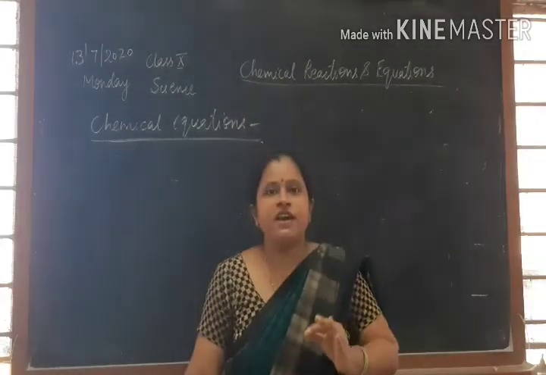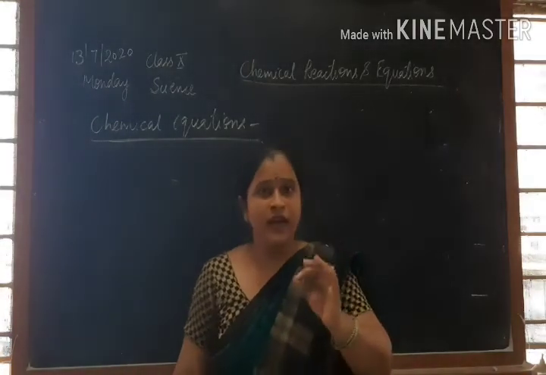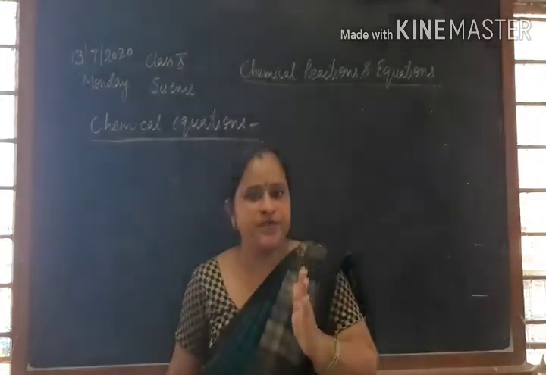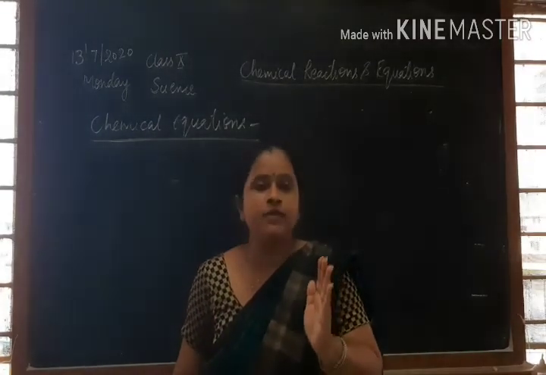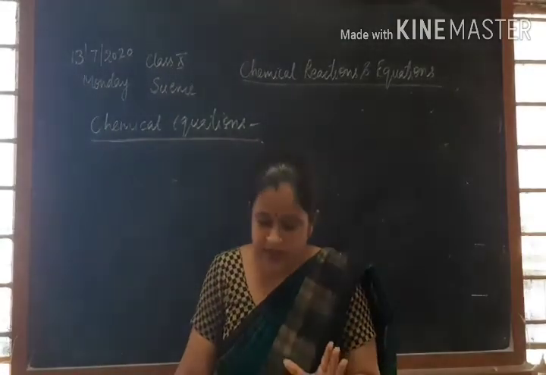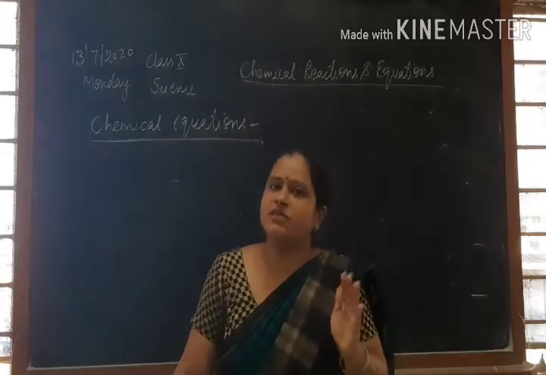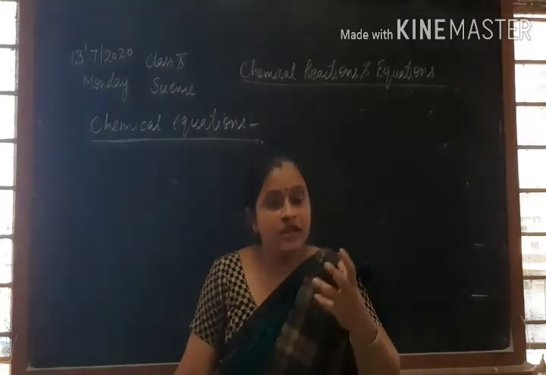You can define it this way, and I am repeating slowly: the method of representing a chemical reaction with the help of symbols and formulas of the substances involved in it is known as a chemical equation.